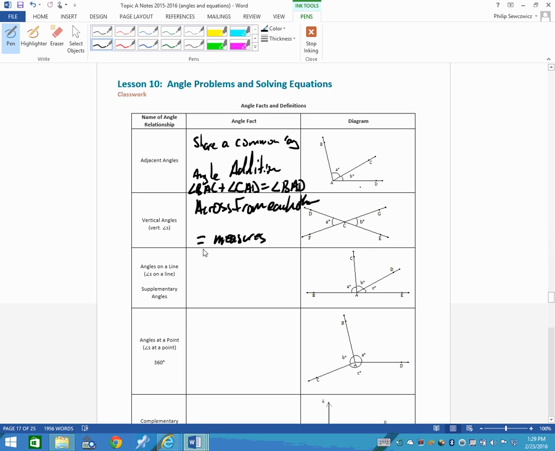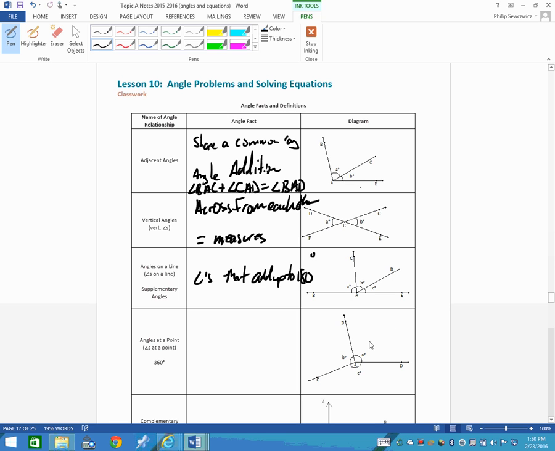Angles on a line, also known as supplementary angles. These are angles that add up to 180 degrees.